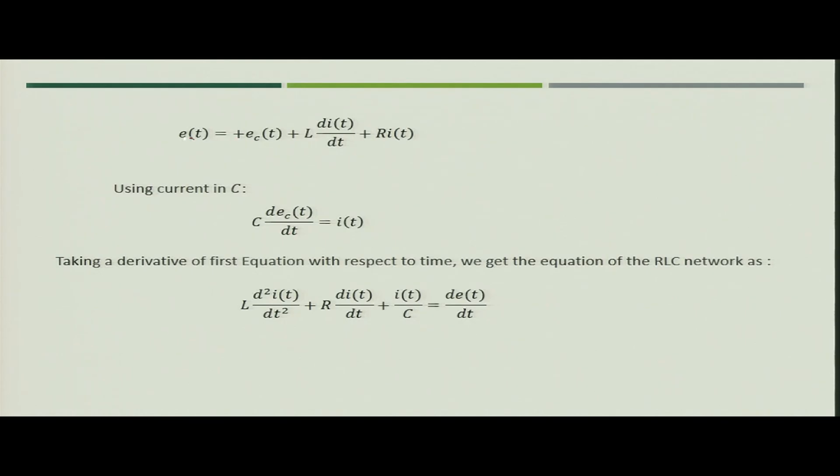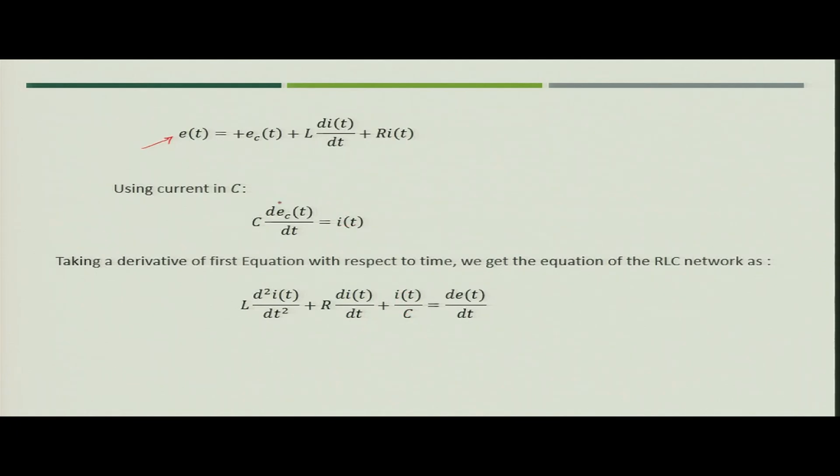So, if you take the derivative of this equation with respect to time, we can write L d2I by dt2 plus R di by dt plus dEc by dt. So, dEc by dt you can simply replace with I by C.